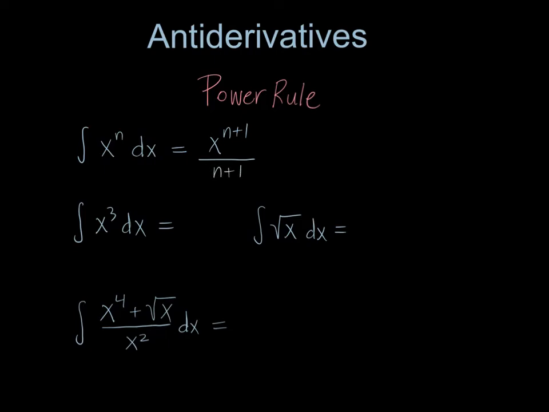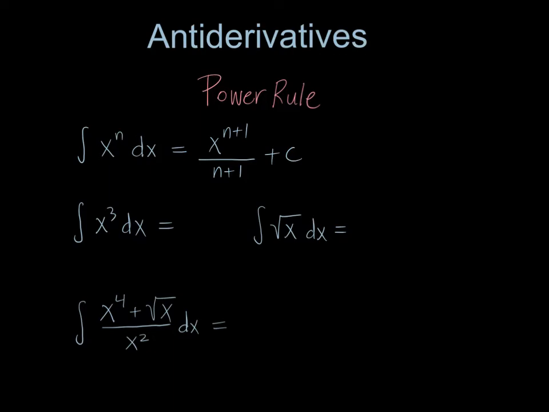So you can see how if you reverse that process, the n plus 1 would drop down. If you took the derivative of this, the n plus 1 would drop down and cancel out the n plus 1 that we just added to the bottom. That's why you have to add it to the bottom when you're doing an antiderivative. And as always, plus c.